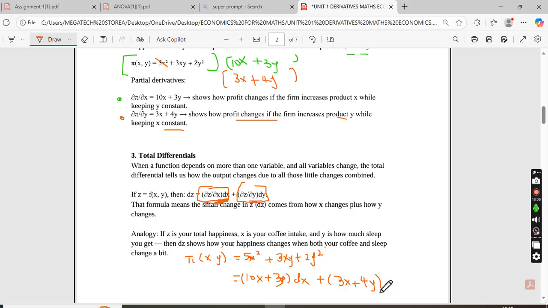This is telling us the total change in the profit function when we incorporate the change in x and the change in y.